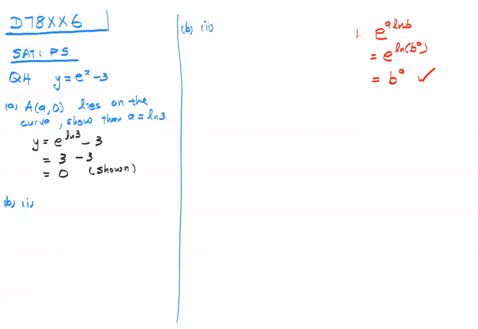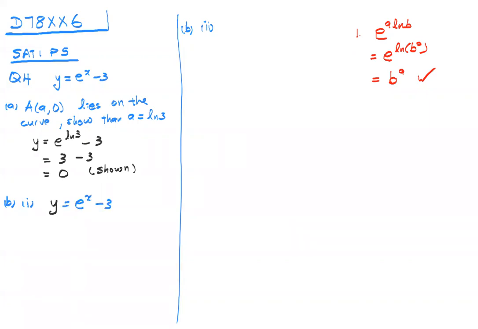When you say show, you have the right to put it in. If you want to solve it also, nothing wrong. Are you clear? Okay. Second part of the question, they say find the derivative of this. Okay, y equal to e to the power x minus 3.